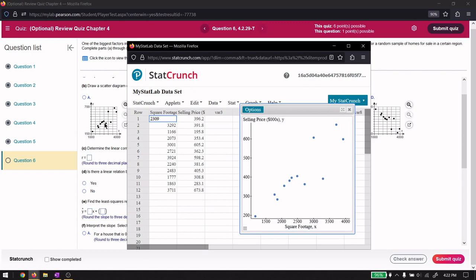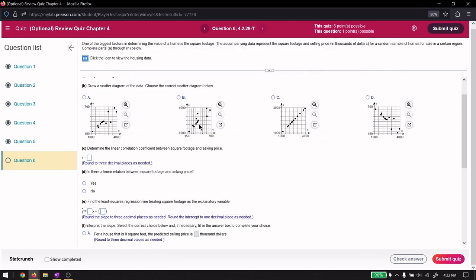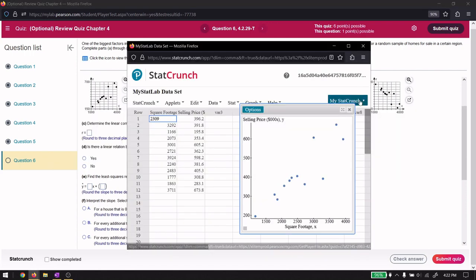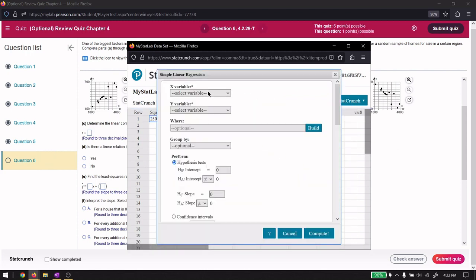That looks to be A. Yeah, I think it's A. Okay, linear correlation. Well, let's go ahead and do stat, regression, simple linear.